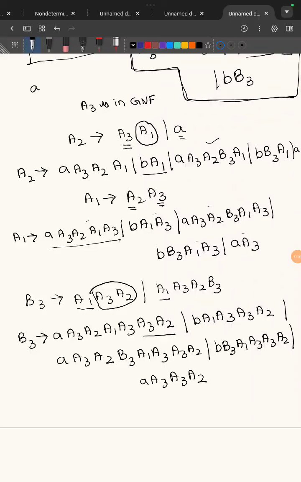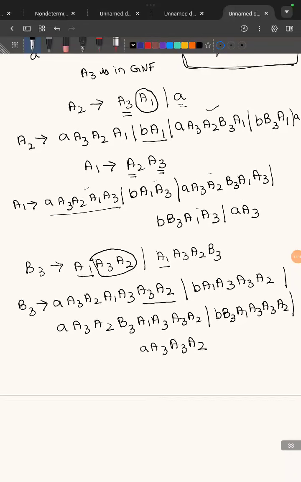So this is the rule for the B3, that is only the first part. Once again you have to do the same thing for your second part also because it is there, right? So you have to do the same thing for this part.